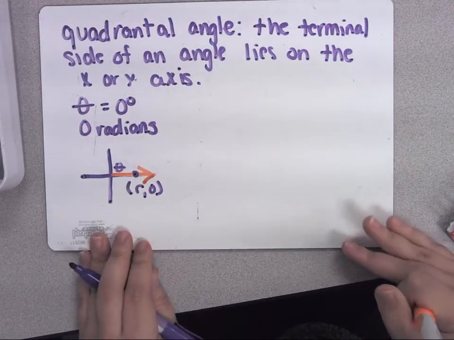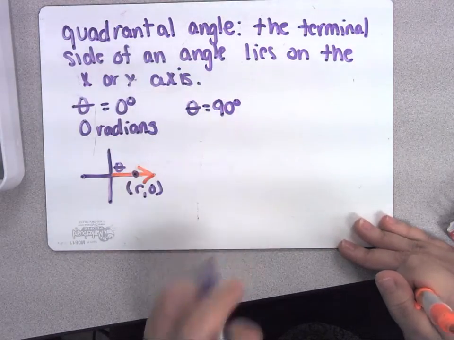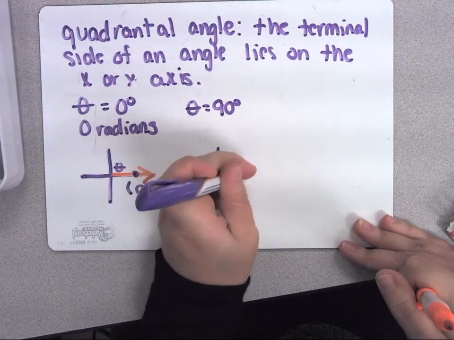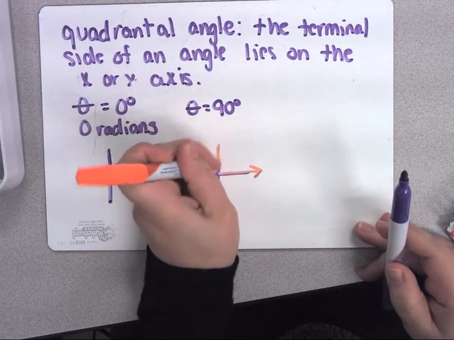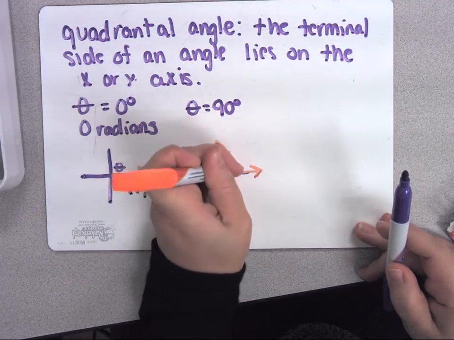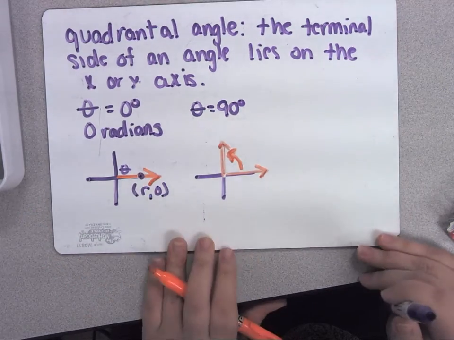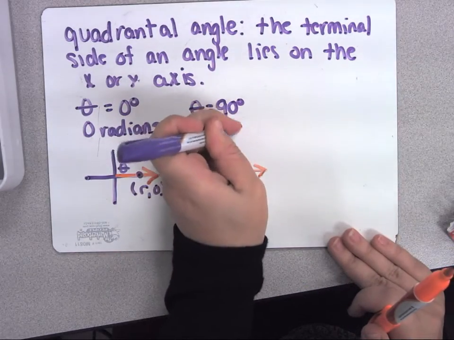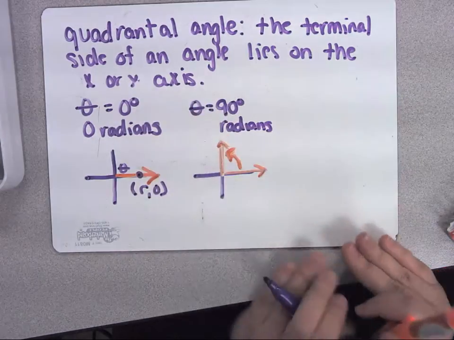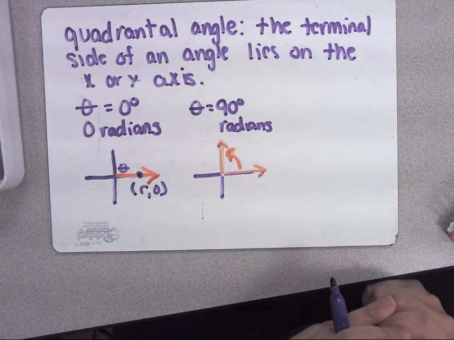Okay, now the next one, if theta is 90 degrees, what's the radians? Think about it. That means it's right there. I'll draw the picture for you so you can think about it. We're going to write radians right here. I wish you knew because this is going to be important.